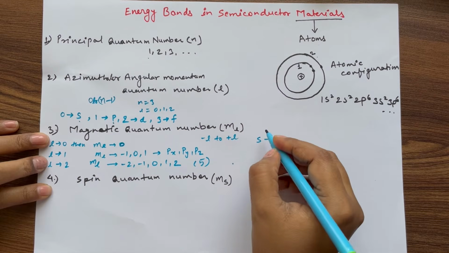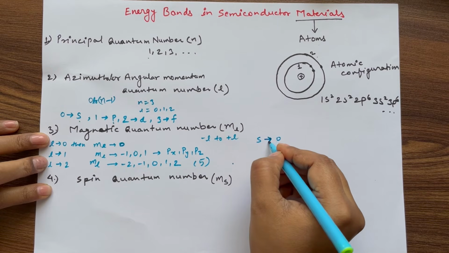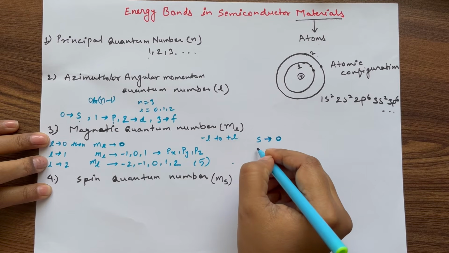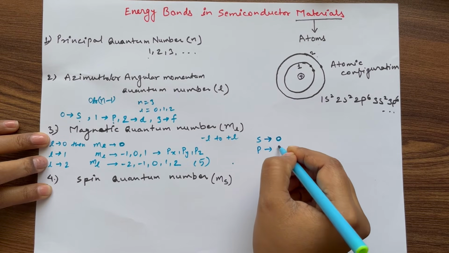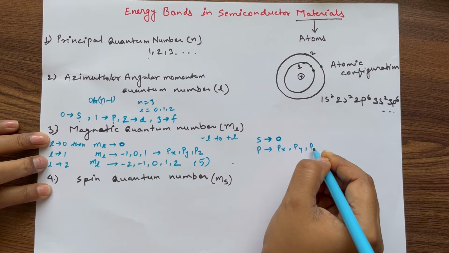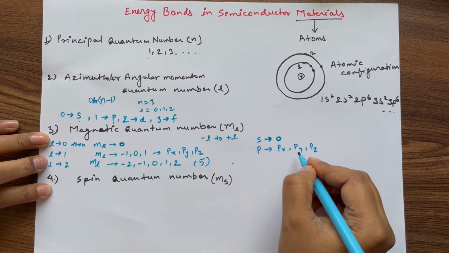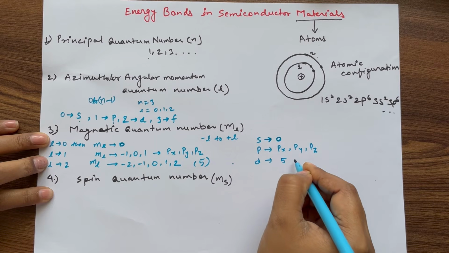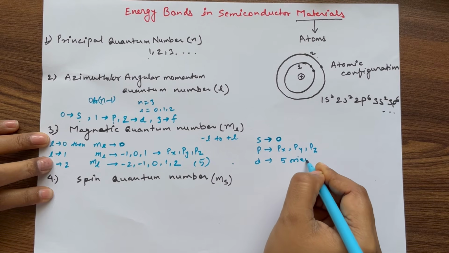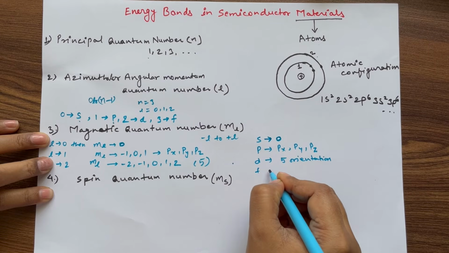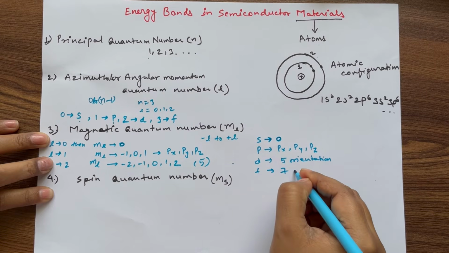So now we can say the s orbital has a single orientation because of its spherical shape. The p orbital has three orientations, px, py, pz, that is, along the x, y and z axes. The d orbital will have five orientations, and f will have 7 orientations.